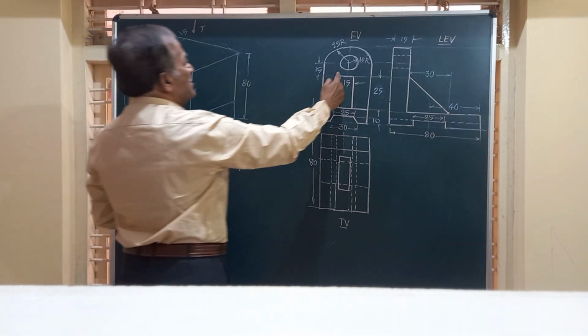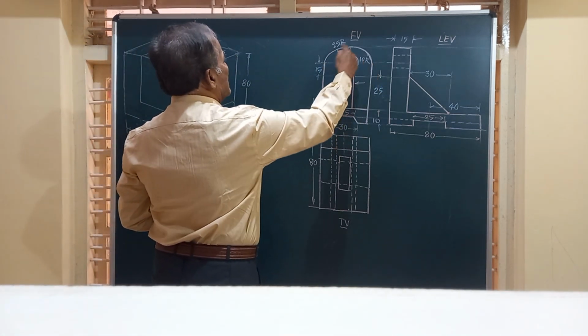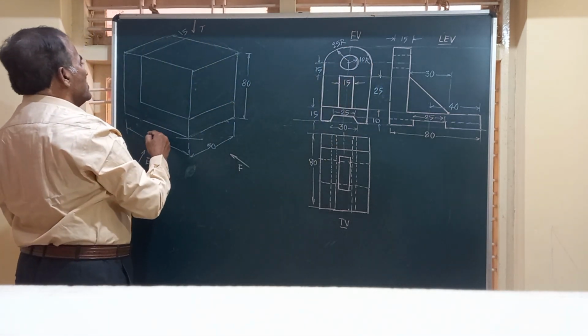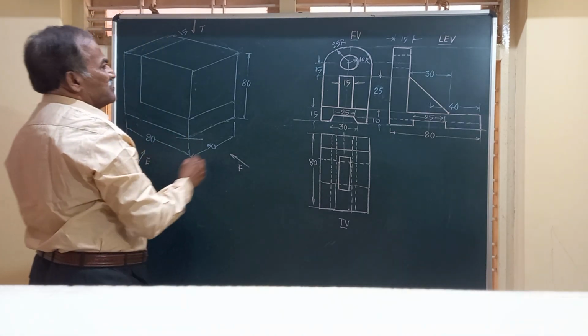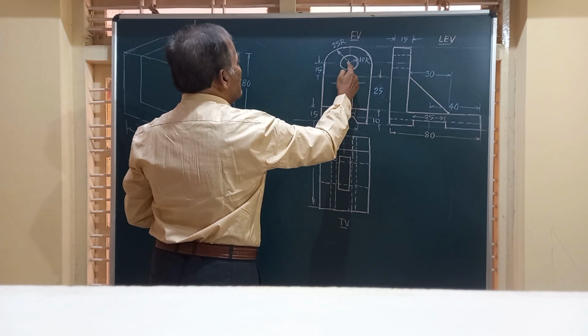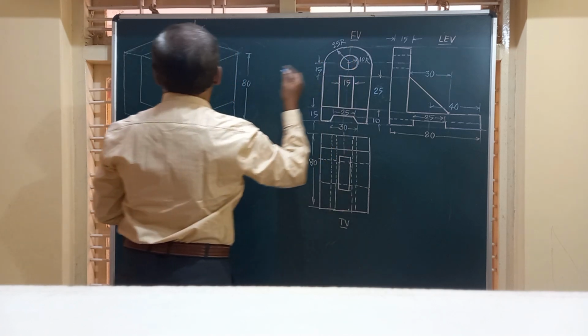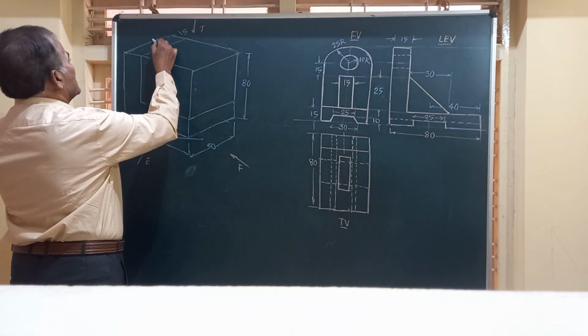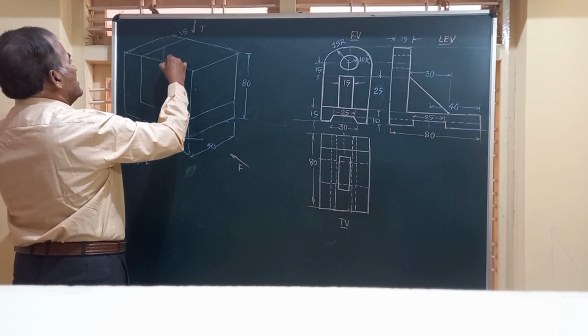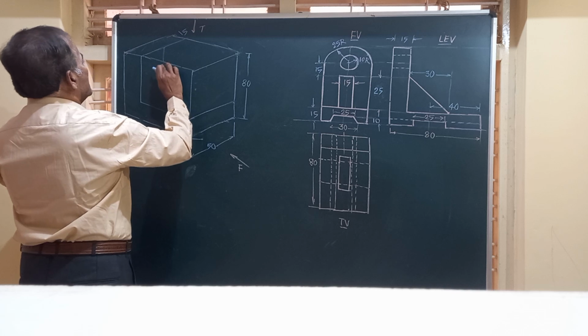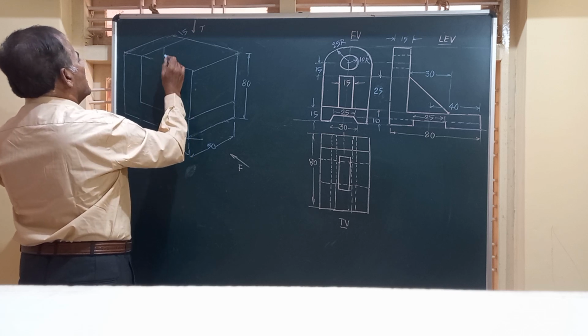It has to be a semicircle. So friends, what we do, we have to locate that particular point wherein we have to have that circle. It is 25 millimeter from the top.